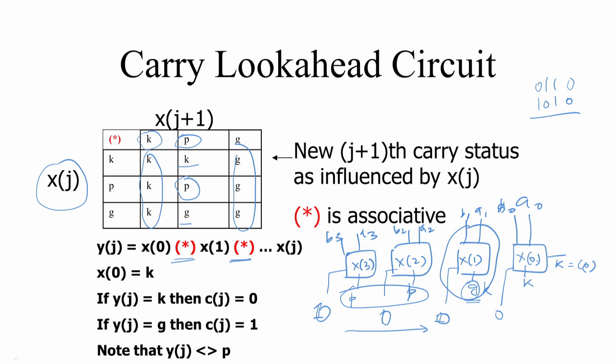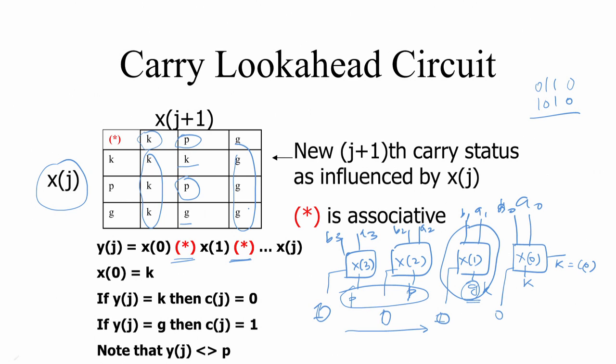So I will just repeat this. If the status of my j plus 1th stage is kill, irrespective of what is going to be on my right hand side, I am going to just say it is going to be kill, right. So I am independent of this. If my current stage is generate, then I do not care about the right hand side, I am going to push generate.